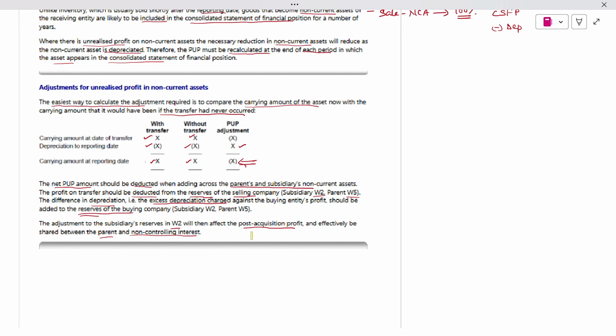Now you should be very clear. Working 2 is net assets of the subsidiary. Working 5 is the retained earnings. Working 3 is goodwill. Working 4 is NCI. Working 6 is the portion of unrealized profit.